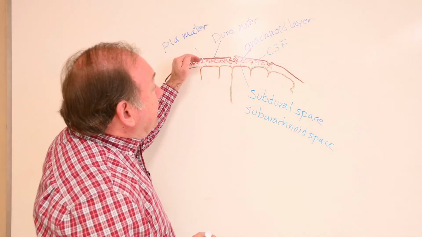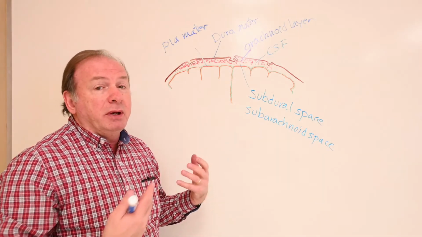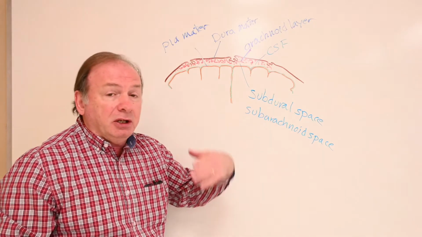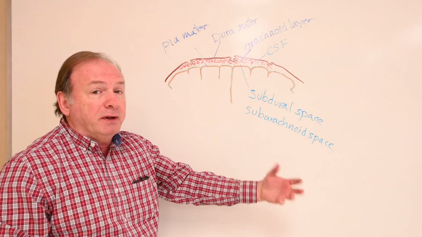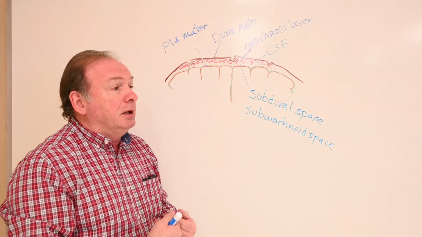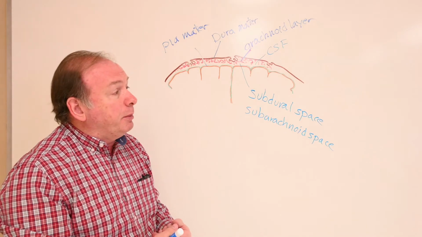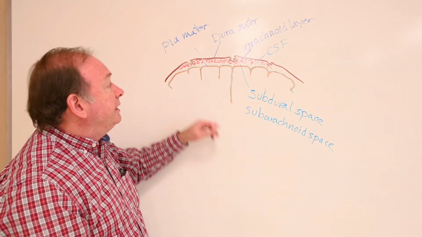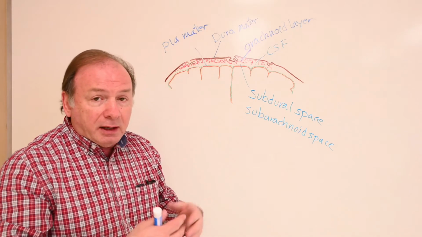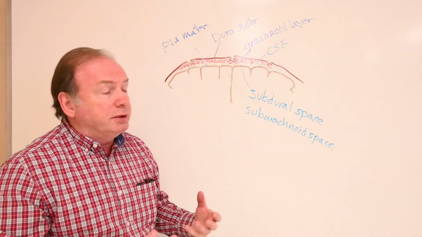Now, it is in that space that the fluid is going to be reabsorbed. Remember, it's continually being produced in the ventricles of the brain. It leaves through the median aperture and the two lateral apertures below the cerebellum to add fluid to this space that's outside of the brain and spinal cord, but it has to be reabsorbed somehow.